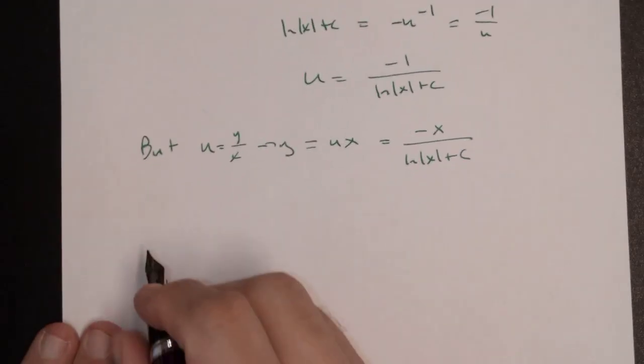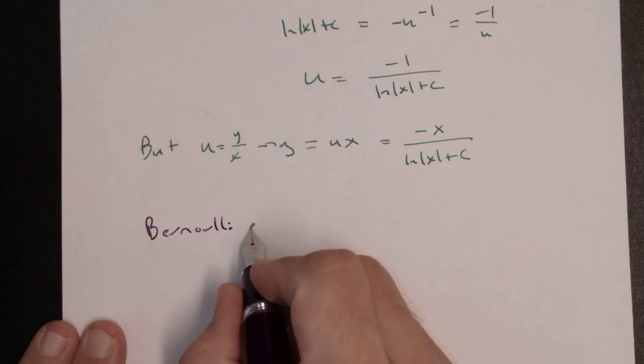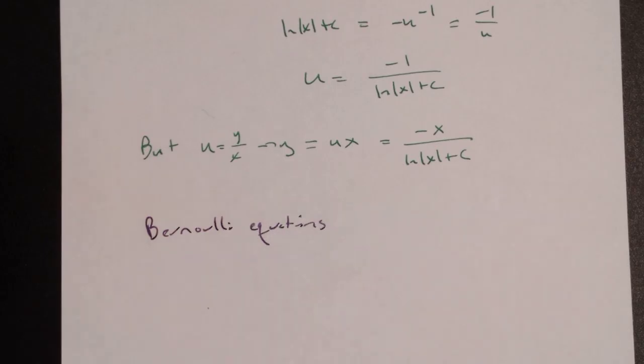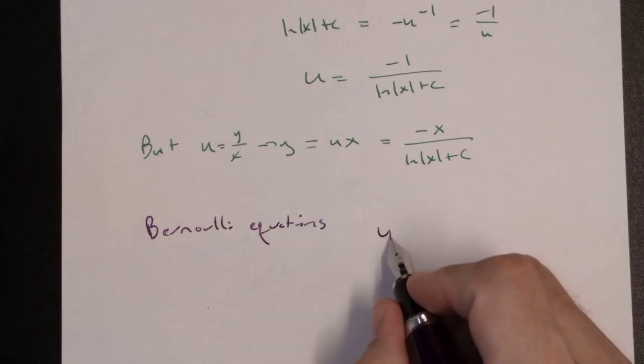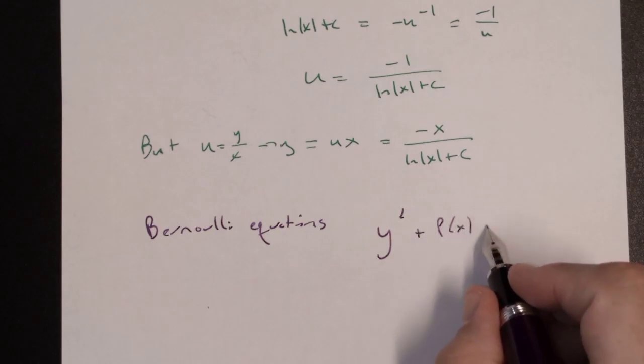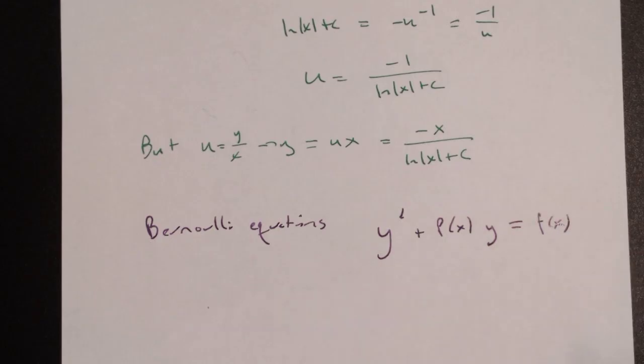And in particular, there's a whole class called Bernoulli equations that are almost linear. That's what a linear equation is supposed to be, right? Bernoulli equations have an extra factor of y to some power on the other side.